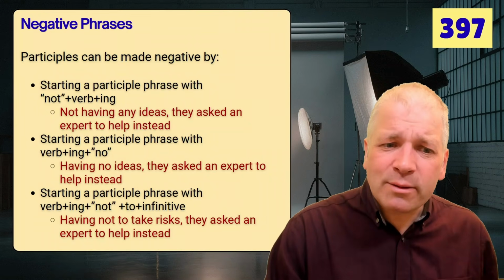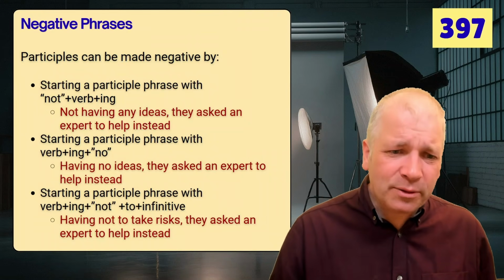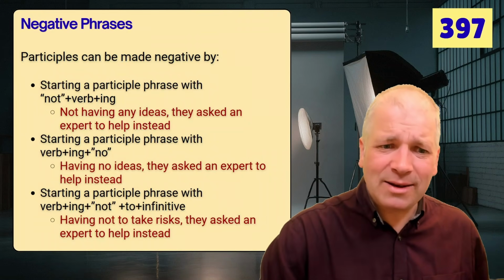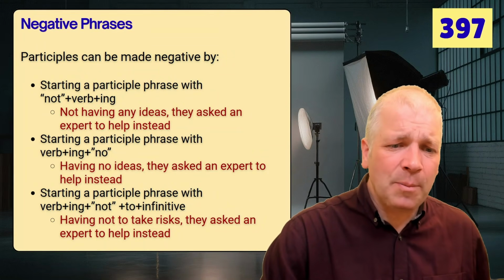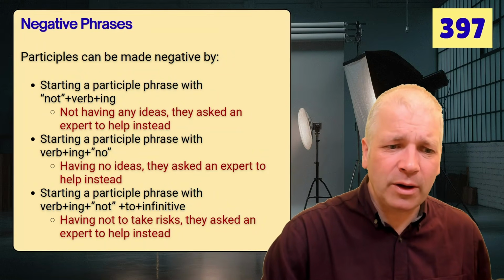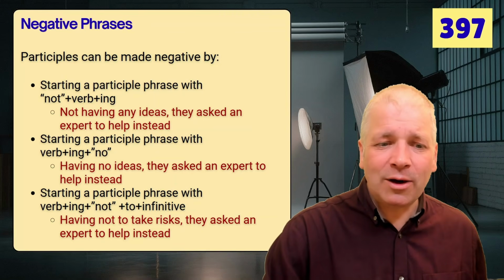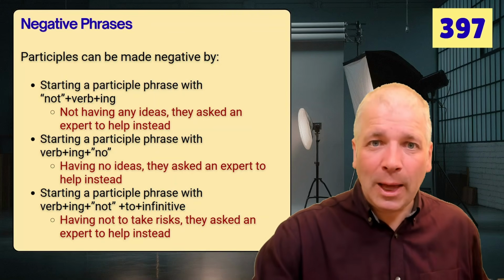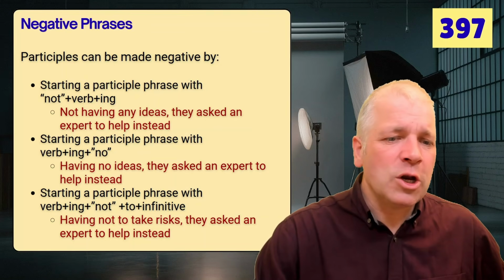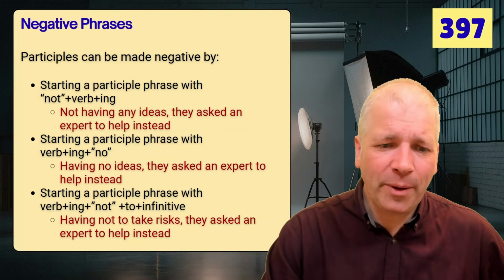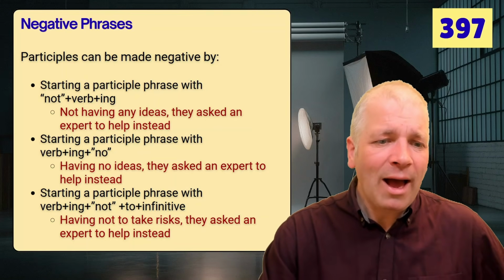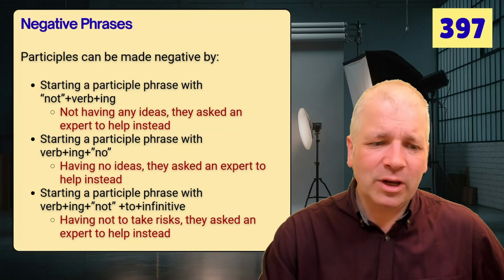And now negative phrases with participles. Participles can be made negative by starting a participle phrase with not, verb and ing. Not having any ideas, they asked an expert to help instead. So not having, not verb ing. Or having no ideas, verb ing no, they asked an expert to help instead.